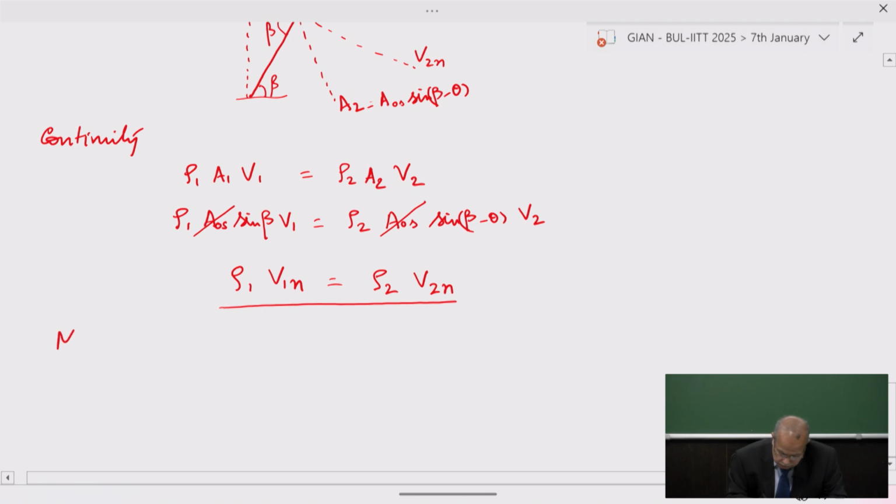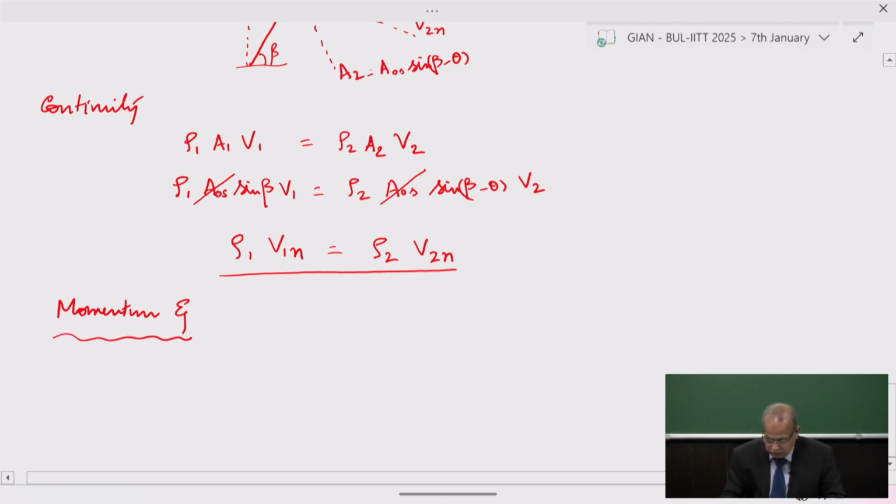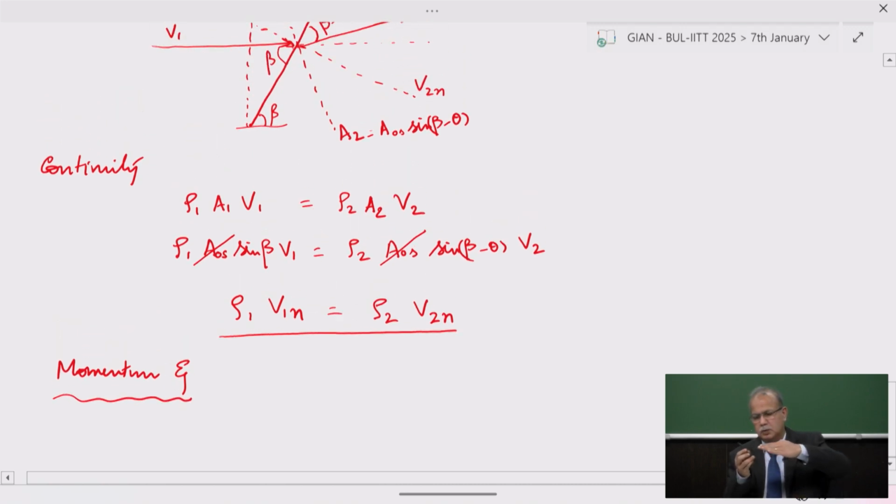Now let's look at the momentum equation. Because the flow is at an inclination, you again have two components. One is a normal component, which is perpendicular to this oblique shock. The other one is the tangential component. The tangential component goes parallel to the shock, and there are no pressure forces acting on it.